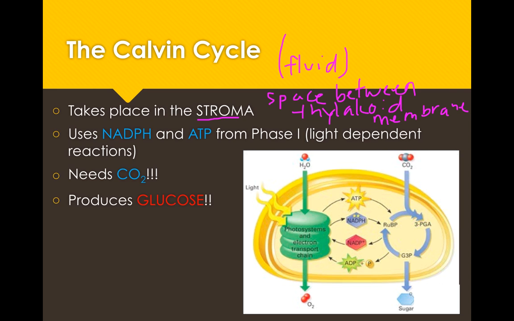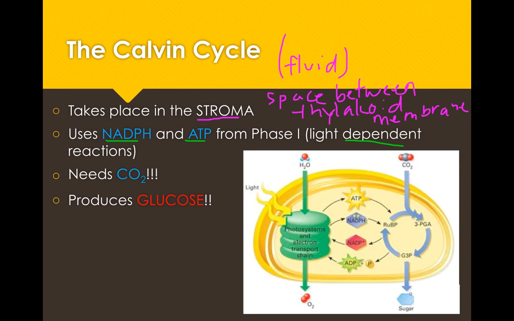It uses NADPH and ATP, which, as you recall, were products of the light dependent reaction. This is the light dependent reaction right here, and you can see they're produced there, and they're needed for the Calvin cycle.